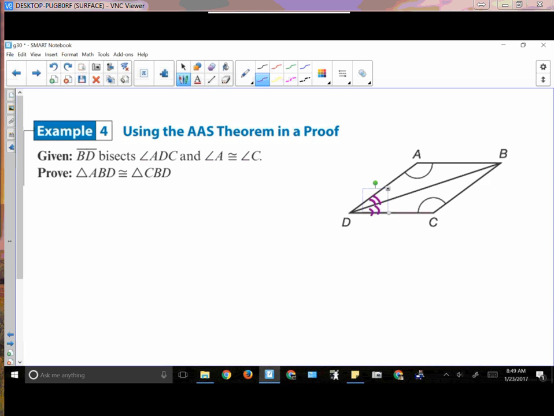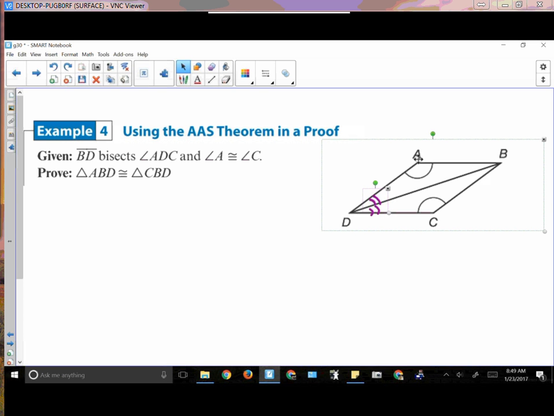Now, it tells us that angle A and C are the same. Now, I get a bit of a problem here because I am supposed to go through and figure out why these two triangles are congruent. I need a side that's congruent, don't I?